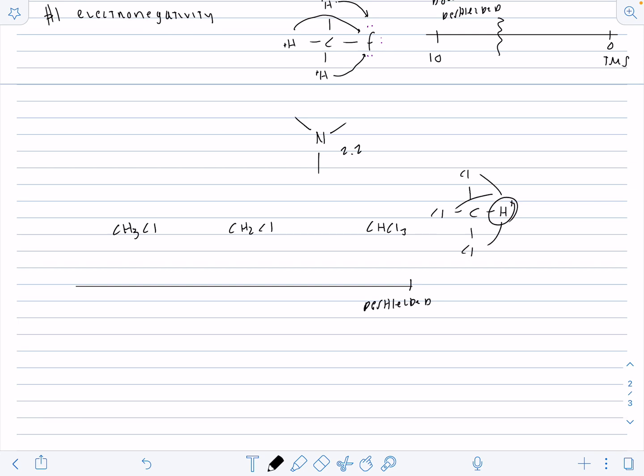So this hydrogen is really naked. It's going to do something really bad. So that means that the values that are correlated with this de-shielding make more sense, because this chemical shift is at 7.3, this is at 5.3, and this is at 3.1. And that's only because we added more chlorines to the molecule.